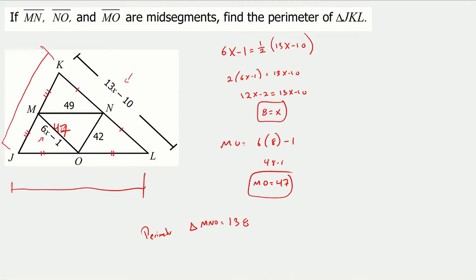So that's the perimeter of the small triangle. Since I'm looking for the perimeter of the big triangle, I simply multiply by 2 and I get the perimeter of triangle JKL, which is going to be 276.